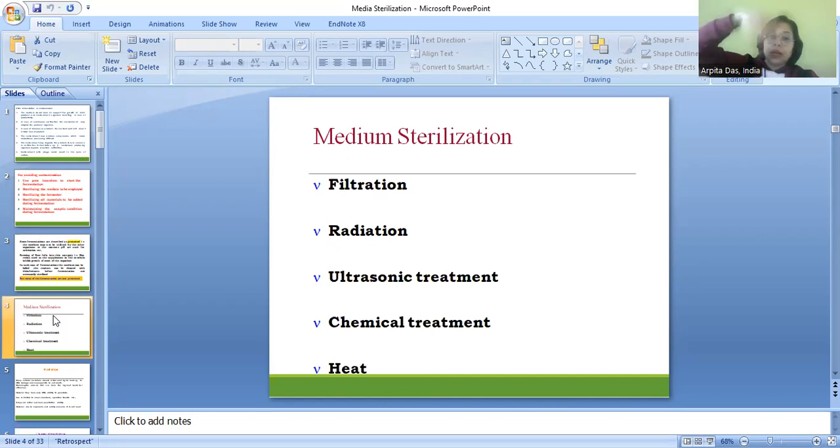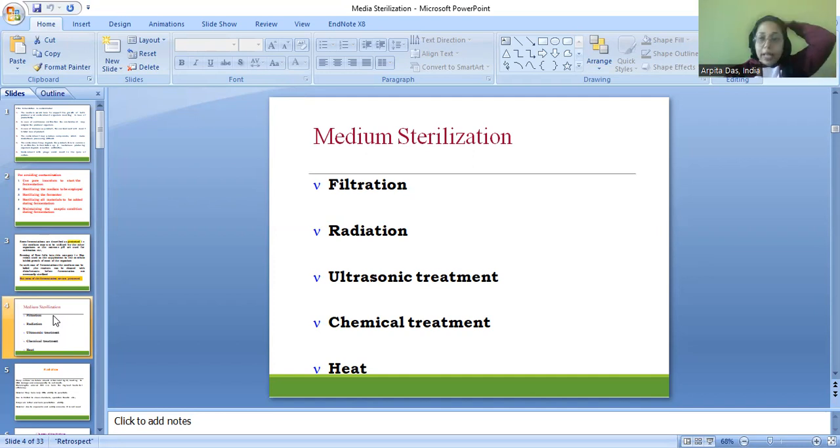For the cleaning or sterilization of the bioreactor, radiation, heat, and chemical treatment play an important role because the bioreactor is nothing but a huge vessel. To clean that vessel, we can put certain UV lights in it, and they will work for 1 hour, 2 hours, 3 hours, and the inner part gets sterilized. So that can be taken care of.